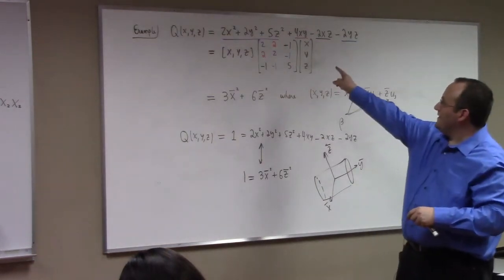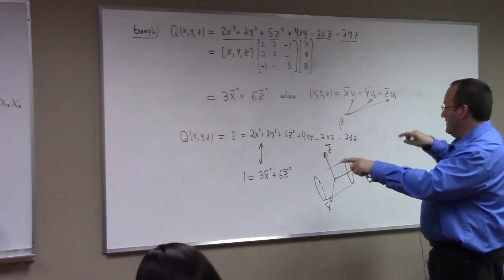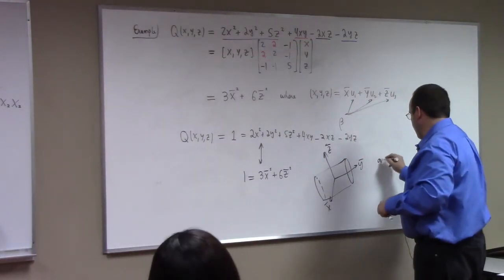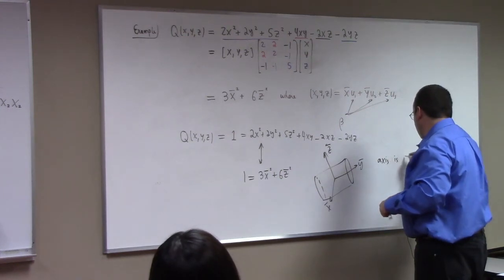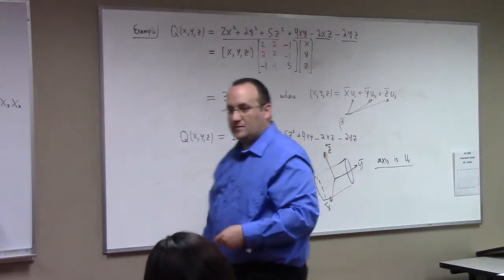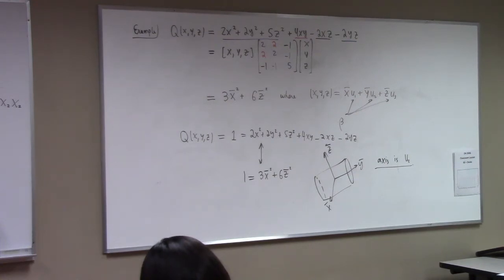If I set that equal to 1, we're looking at a cylinder with an axis. What's the axis of the cylinder? U2. U2 points along the axis of the cylinder. U1 and U3 are the semi-major and semi-minor axes of the cylinder. These things are all revealed to us by the real spectral theorem.